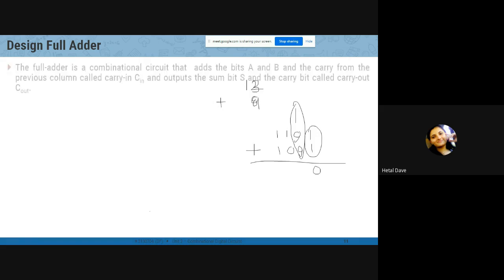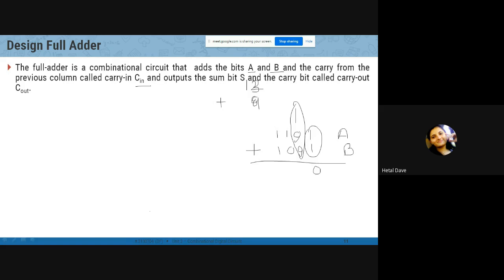So what is full adder? Full adder will add one bit from A, one bit from B. Let's say this is A and this is B number. So one bit from A, second bit from B, and third bit from previous summation carry.